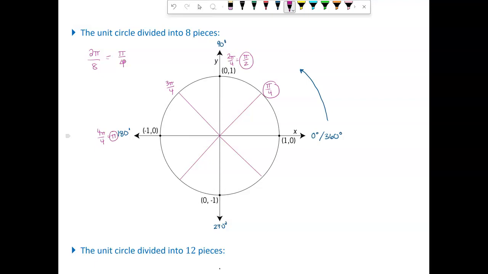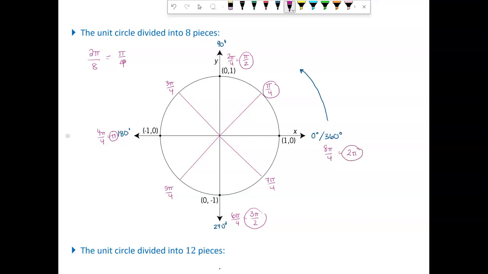And then 5 pi over 4, 6 pi over 4, which reduces down to 3 pi over 2. And then we get 7 pi over 4, and this would be 8 pi over 4, which is simply 2 pi, which is what we want.